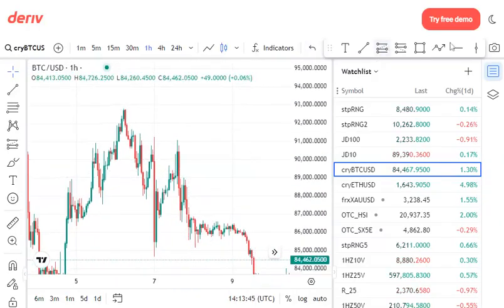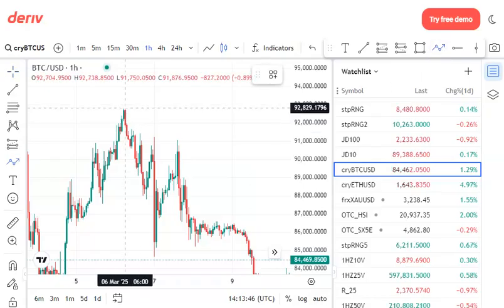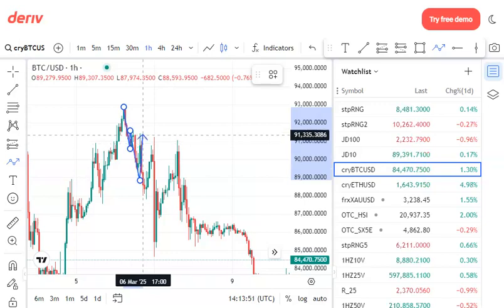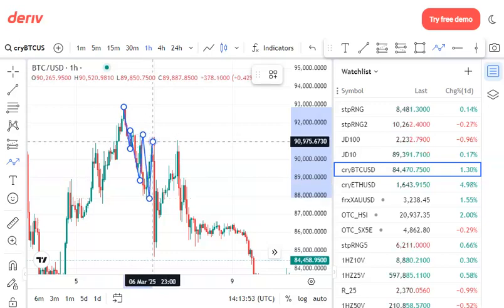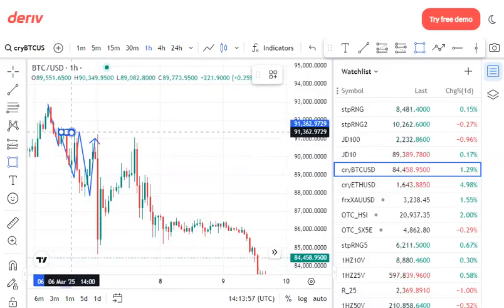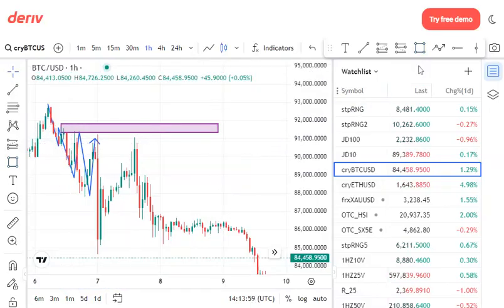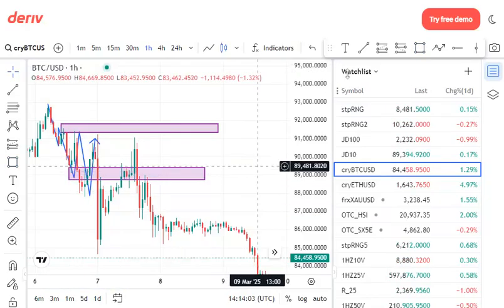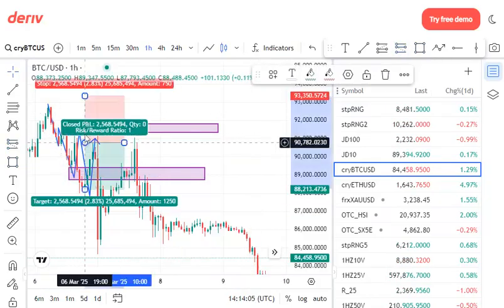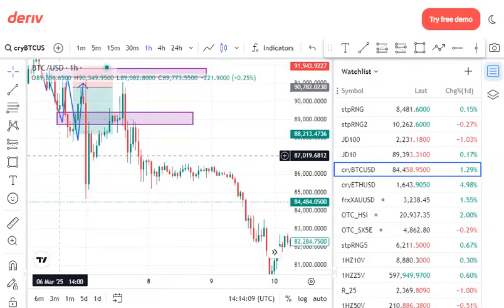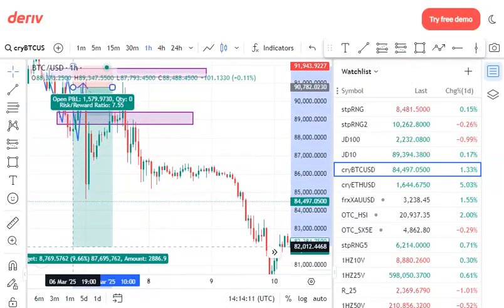So on BTC USD, we want to look at a trade. We want to look at the 6th of March, what the market did, and how we are going to trade it. We saw market structures coming to pass. We are going to draw a line and another line and another line. And we see every time we have this structure movement, we have a sell position, and it went straight into profitability.